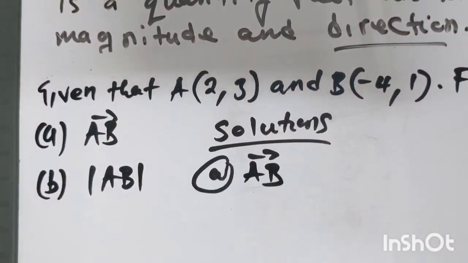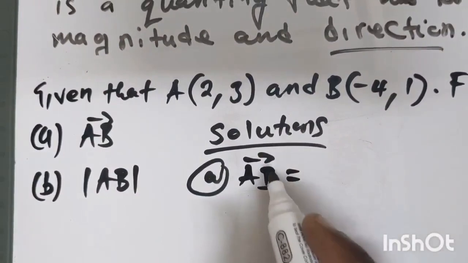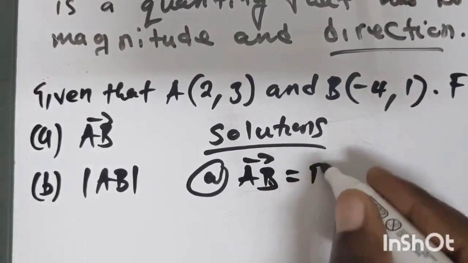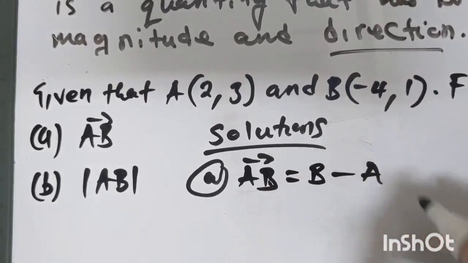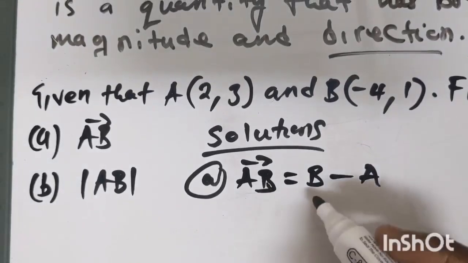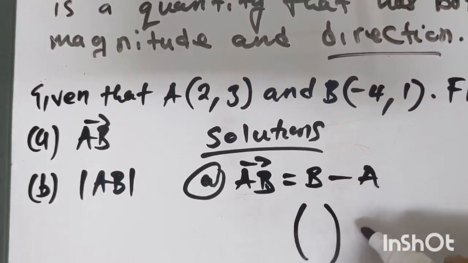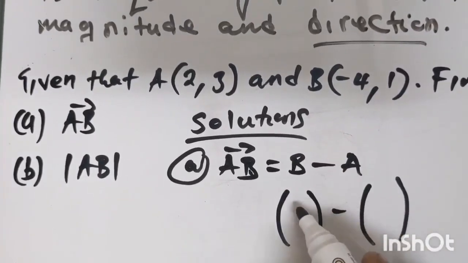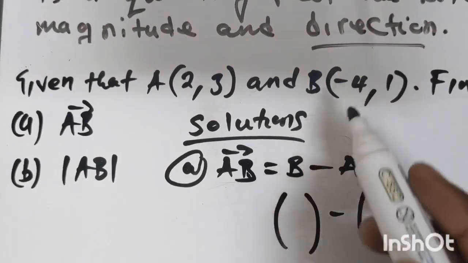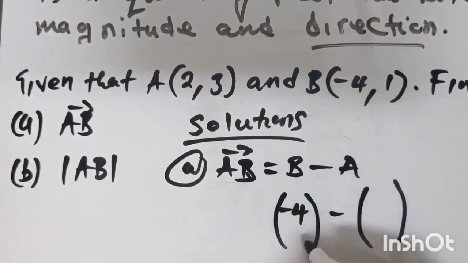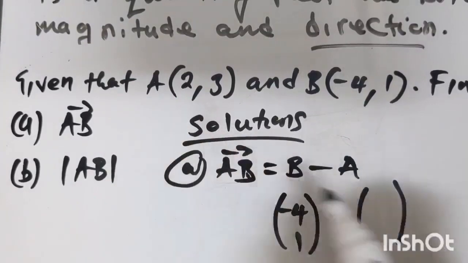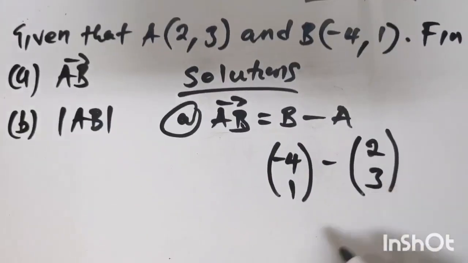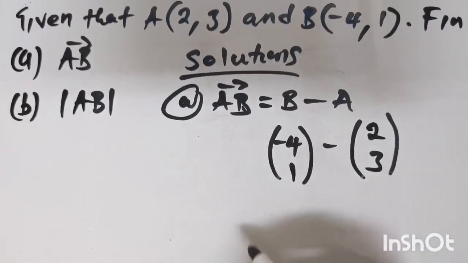We know the formula: where it is ending from, that is B minus A. So you write the coordinates minus like that. The coordinates of B are -4, 1. The coordinates of A are 2, 3, like that.